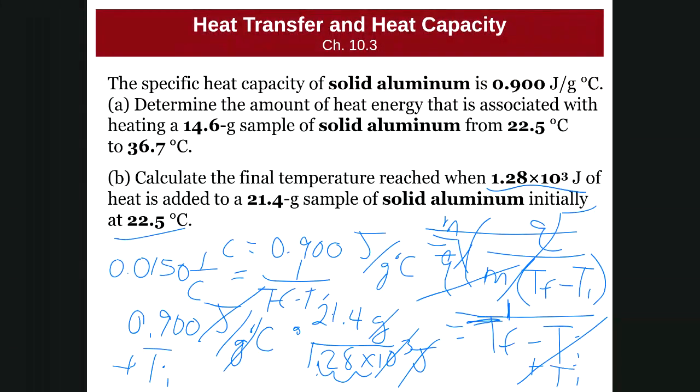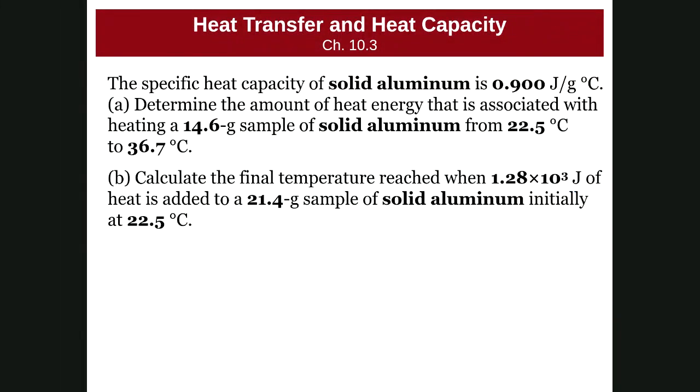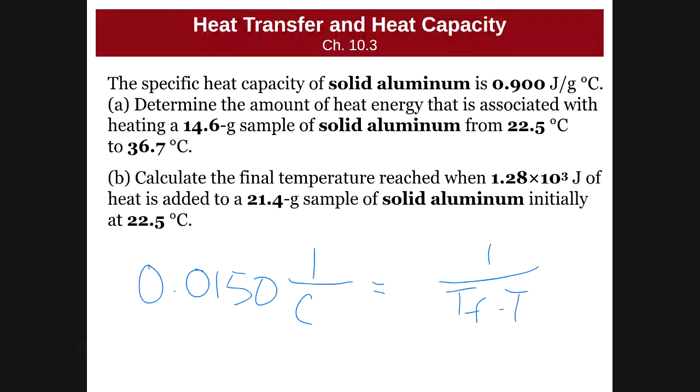So let me rewrite this a little bit. I've got 0.0150, and that's 1 over Celsius, is equal to 1 over T final minus T initial. So we couldn't move our T initial over just yet. We have to take the reciprocal of everything, which is the same as saying we want to multiply T final minus T initial by this side, and get it to the other side.